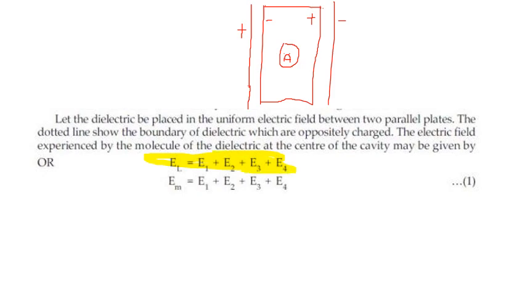What is the meaning of E1, E2, E3 and E4? We will discuss in the coming slides. Actually, there are four contributions to this field, from the applied field and others. We will discuss this in the next slide.